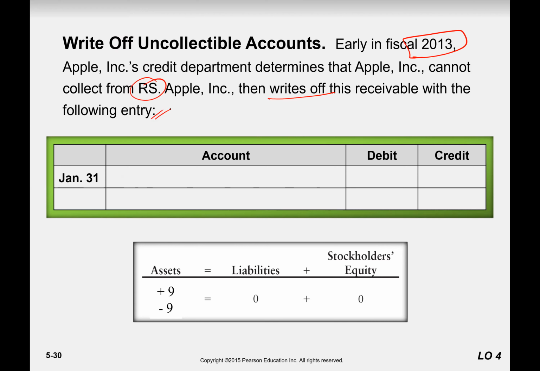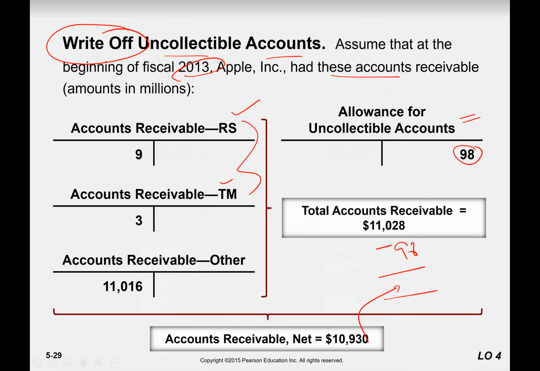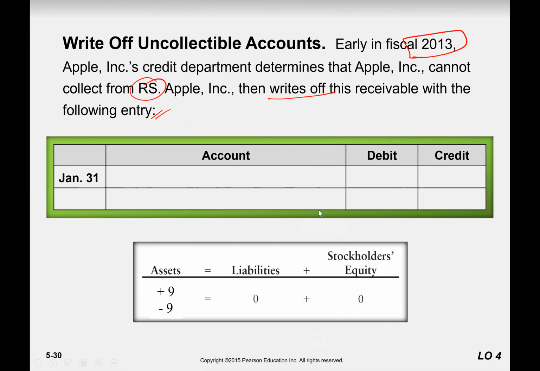So now what happened? How much is the value of RS? 9 million, right? So look at our previous entry. RS is not going to pay us. So how do we account for this? Actual write-off. Remember the entries we planned over there: uncollectible expense to allowance for uncollectible, right?